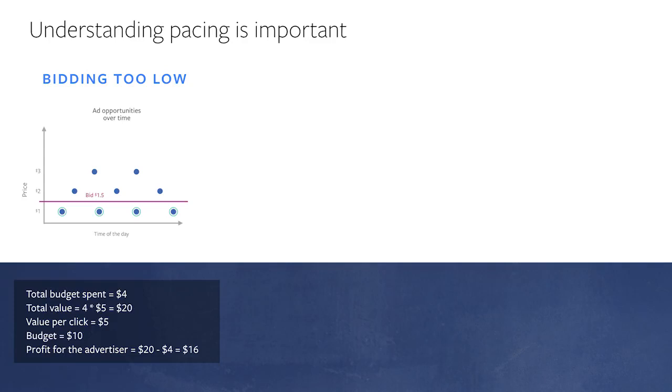So if you've been manipulating the ads and trying to game the system by going for the lowest possible cost per click or cost per conversion, and you set your bid quite low to try and drive the system to optimize towards that, throughout the time of day, the number of opportunities available to you was 4 in this scenario. So that's okay. You spent $4. Each one has a value of $5. So taking 4 from your budget of $10 gives you a return on investment of 16. That's not bad.